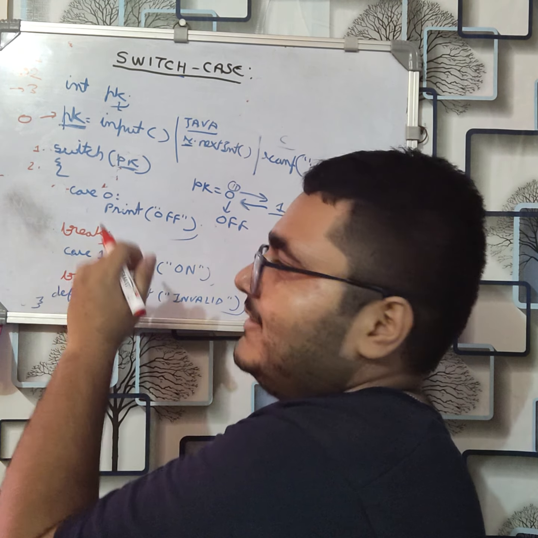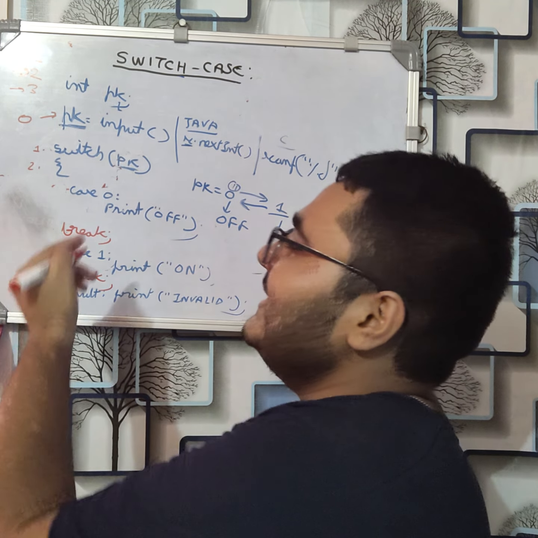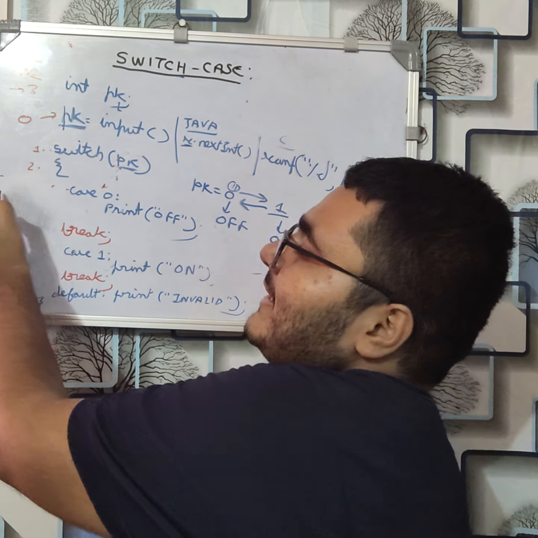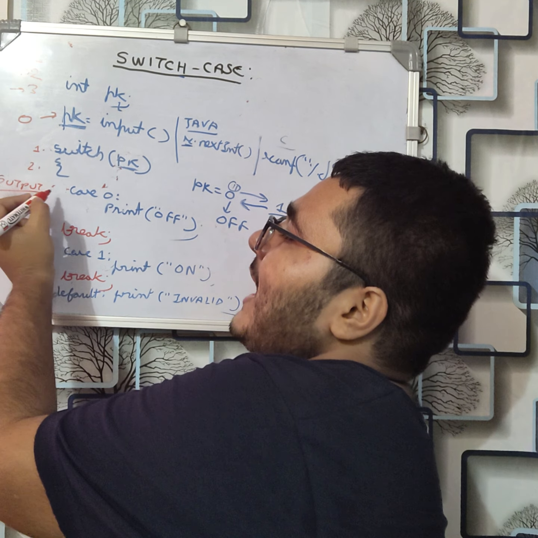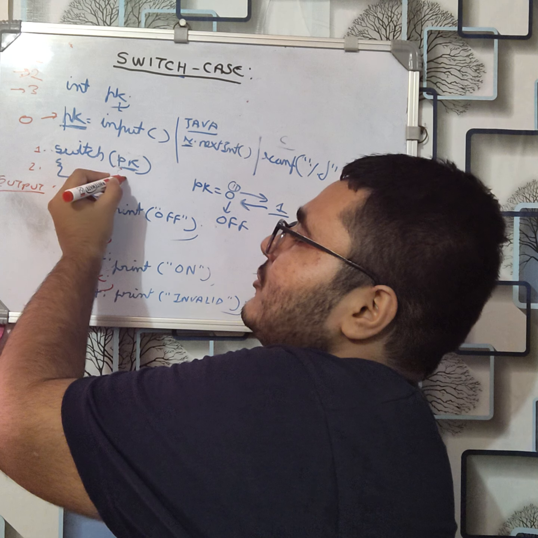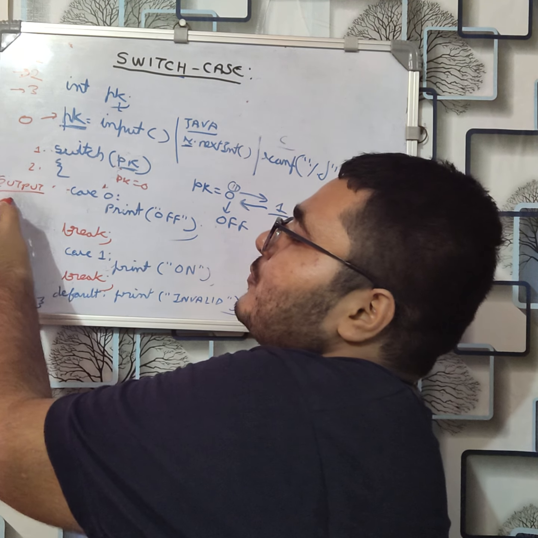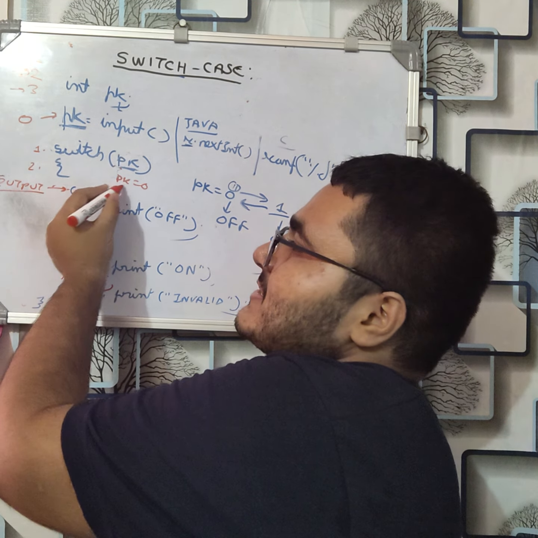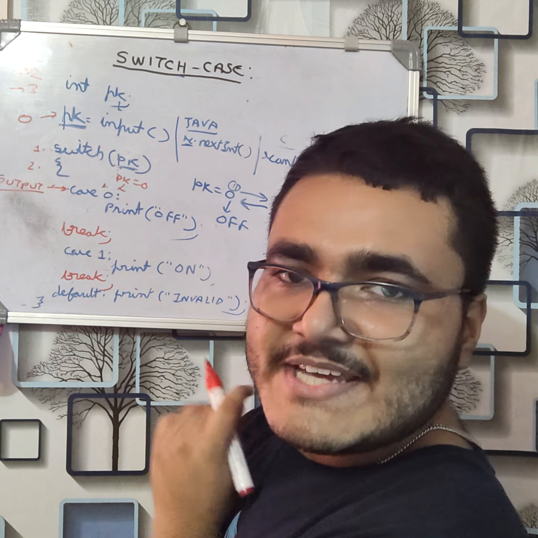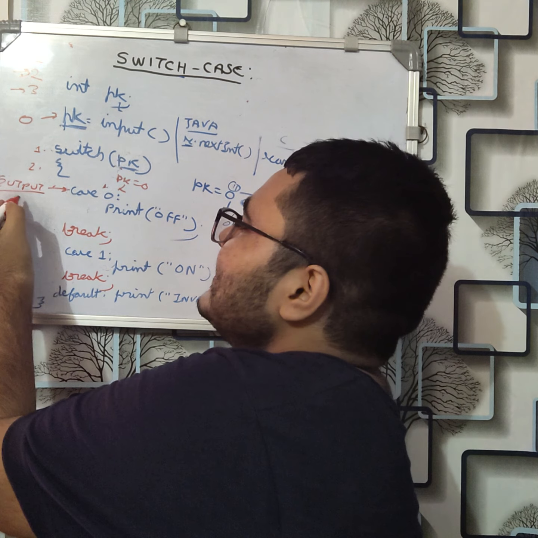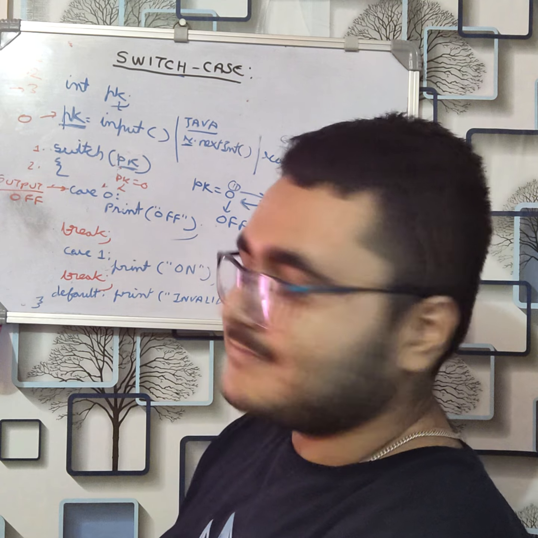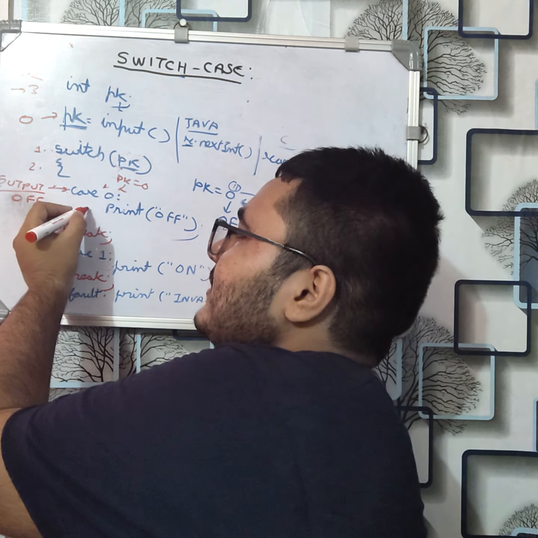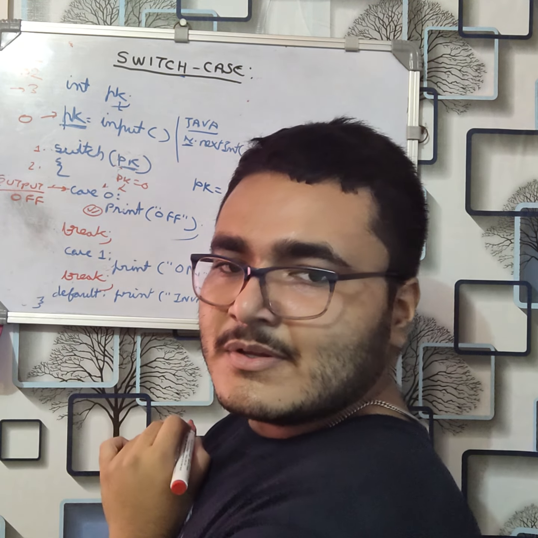So that is the concept of switch case. So in this case, now if I give 0, if the pk value is 0 then the output will be off. So how is it executing? So pk is 0, case 0 is matched with pk 0, and therefore this prints off, right? So this is matched, fine.